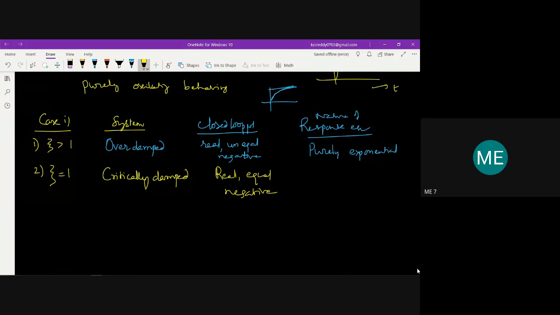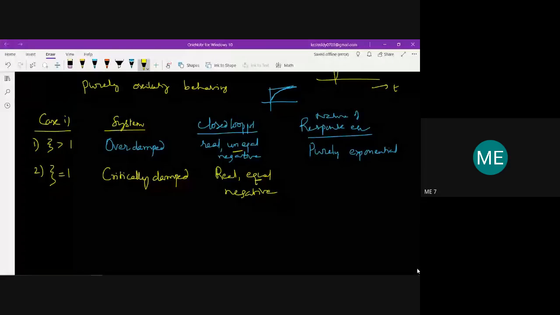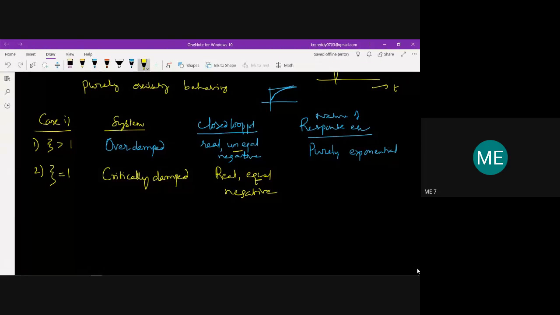In the previous case the roots were unequal, and now in this case they are equal. The nature of the response is critical and purely exponential. This is also exponential in nature compared to zeta greater than 1, but it is critical, because when we try to reduce zeta to less than 1, it leads to complex conjugate roots. That's why it is called a critically damped system.